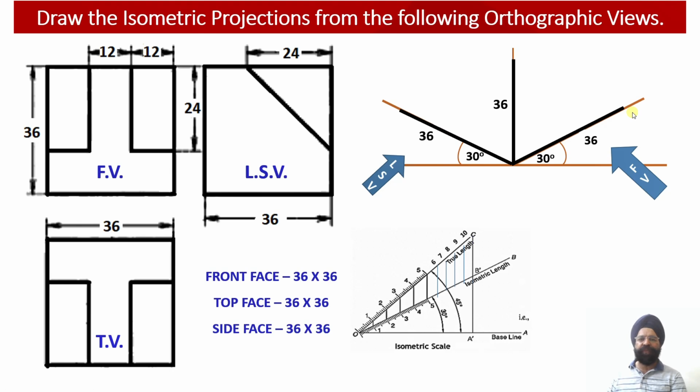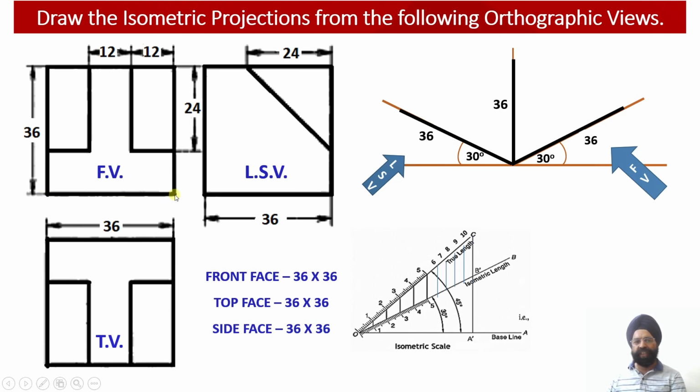Now let us first of all discuss the geometric construction of the solid. As we observe this solid from the front, we observe that there is a flat web at the bottom, and this flat web has a height equal to 12 millimeter and a length equal to 36 millimeter.